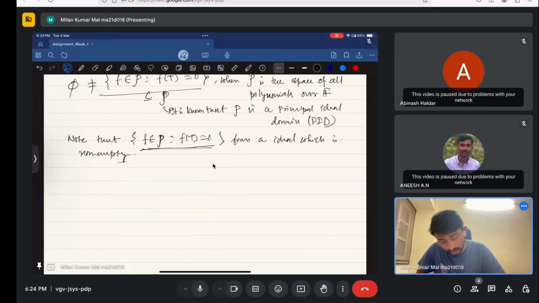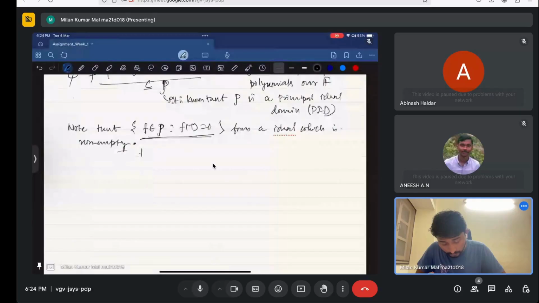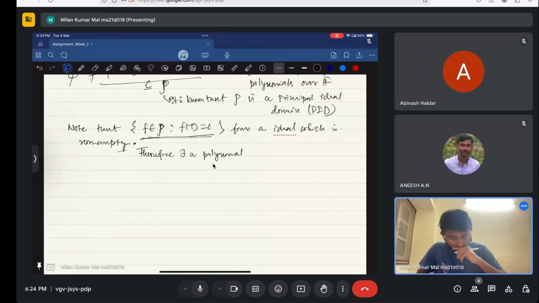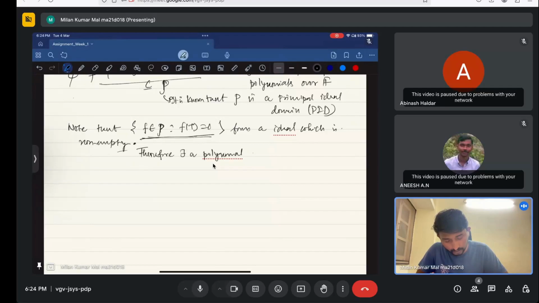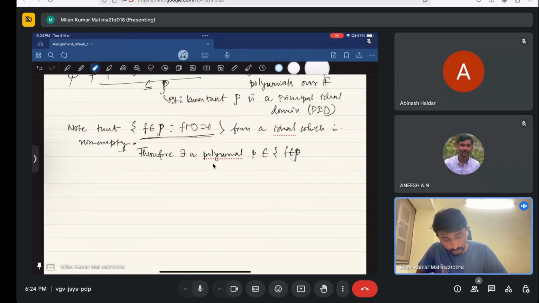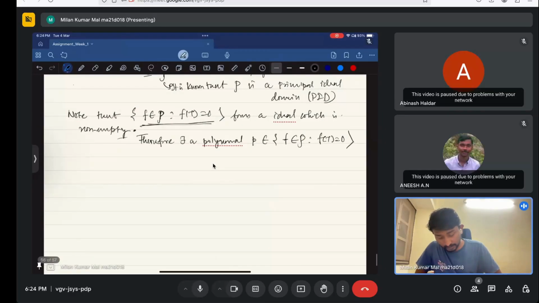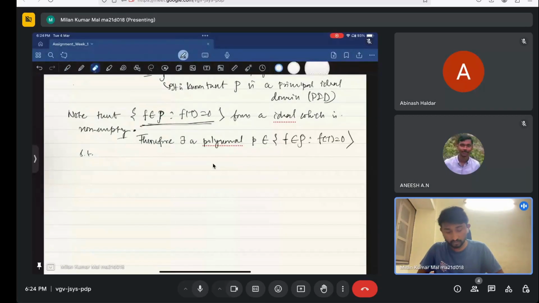So therefore there exists a polynomial p belonging to the space of all polynomials such that f(T) equals 0, such that p is a generator.